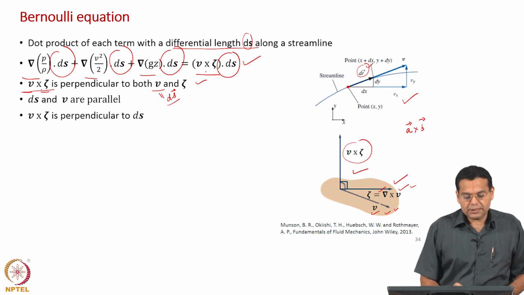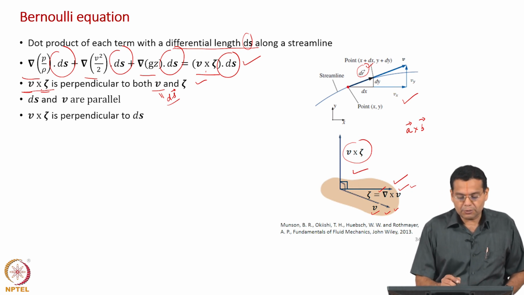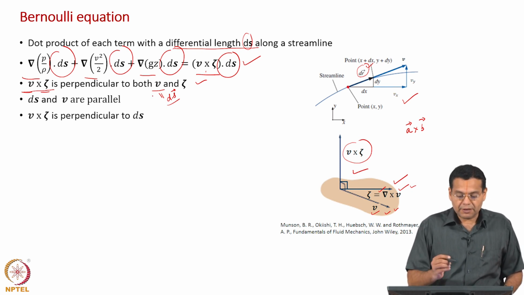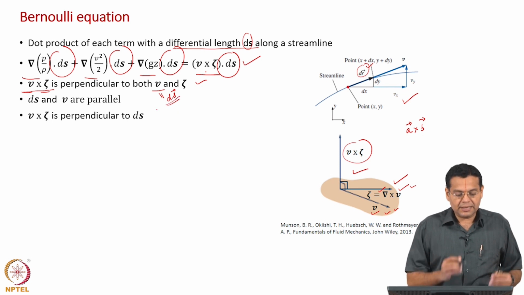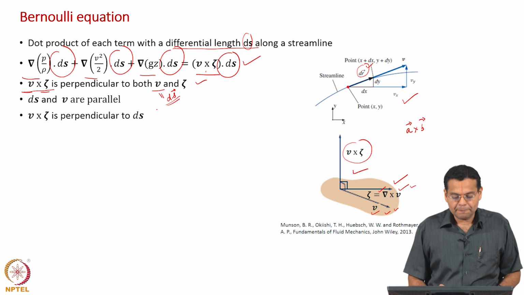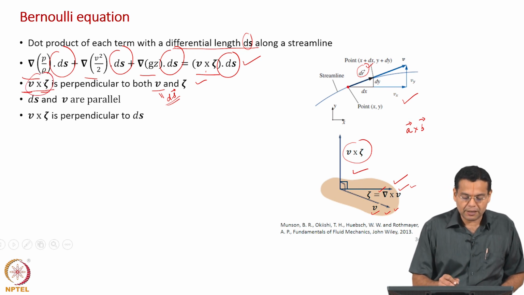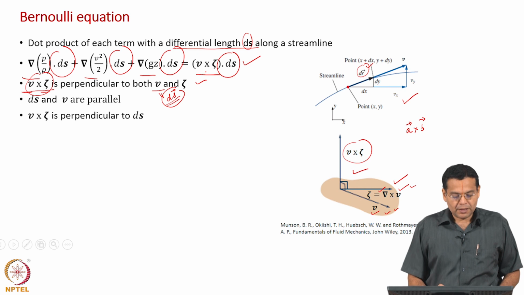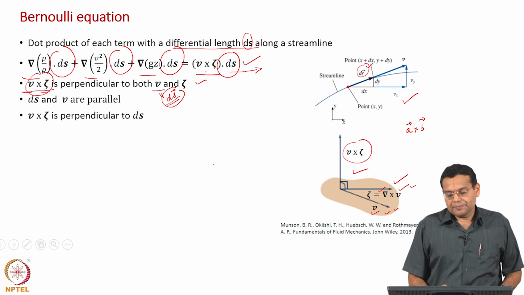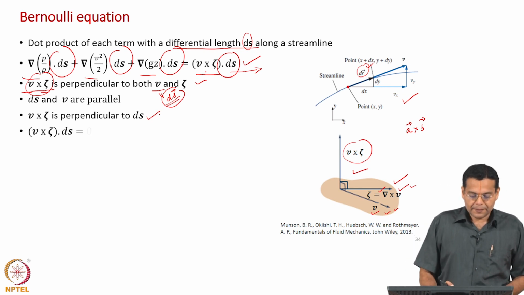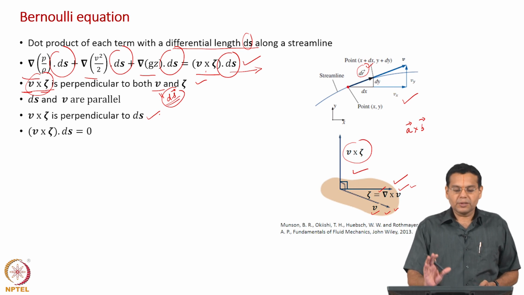The velocity cross vorticity is perpendicular to both velocity and vorticity vector, but velocity is parallel to the ds vector, which means that it is perpendicular to the ds vector, and so the right hand side is 0. That is why we took a dot product with a differential length along a streamline. So now the right hand side vanishes.